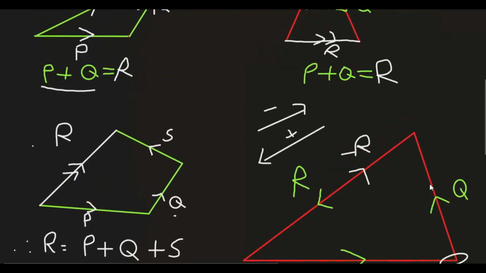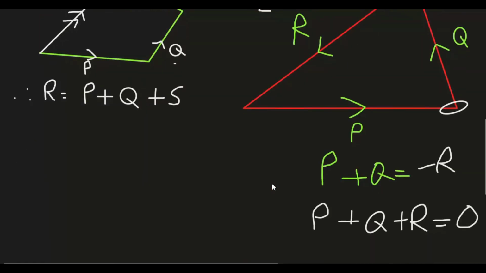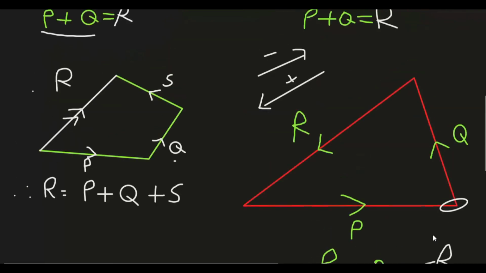As simple as that. So remember, let me just remove it so that you can understand better. If we have vectors that are taking a round like this, moving in a specific direction, in such cases we can say that the addition of all these vectors results in 0.